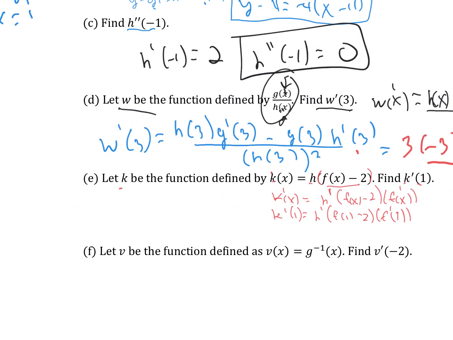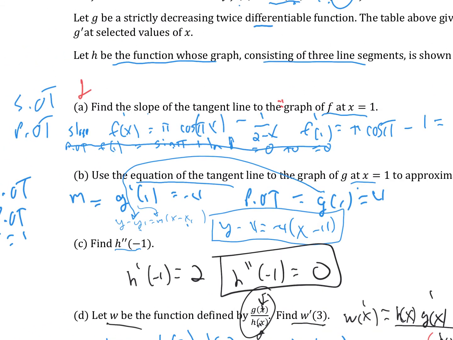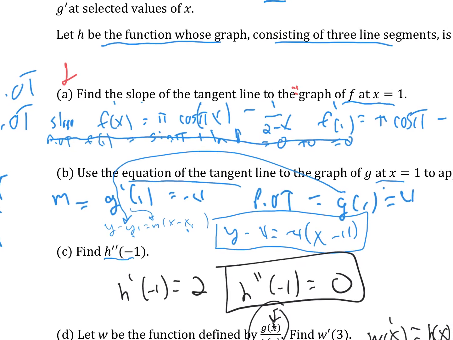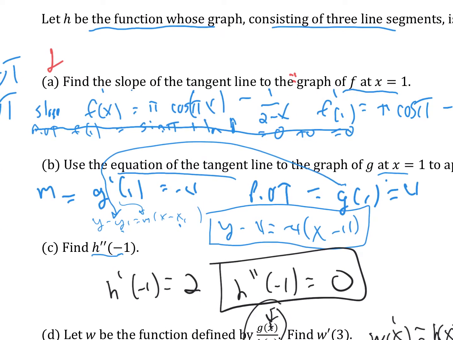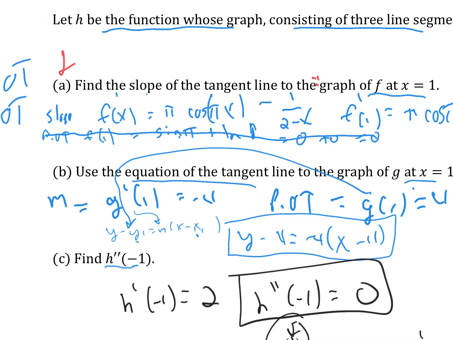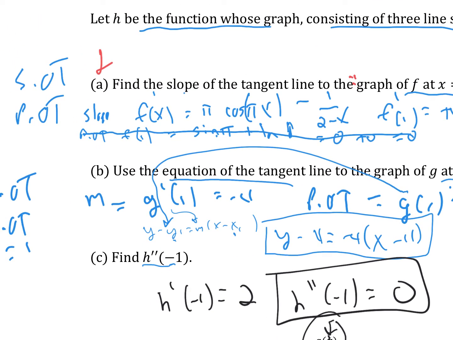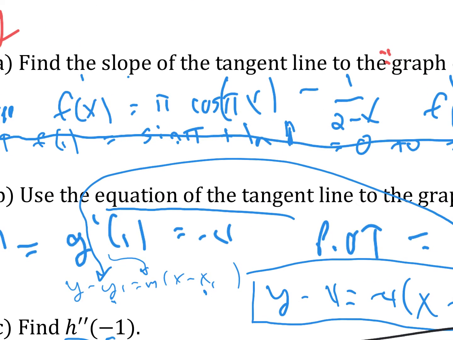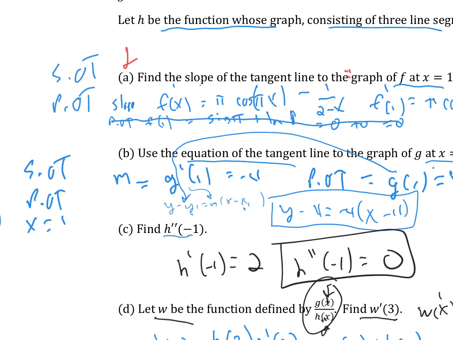I'm going to remind myself that f of 1 previously was considered to be f of 1. Where did I write f of 1? I know I did it somewhere. Oh, I did it underneath it, I think.